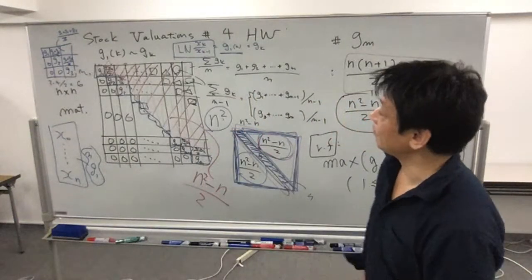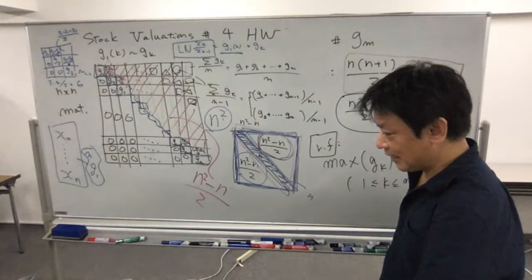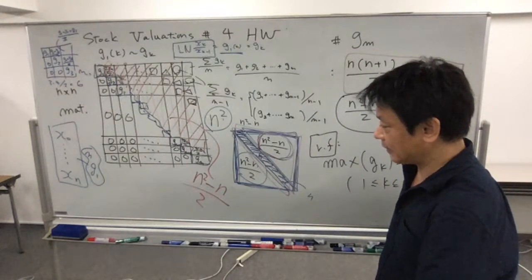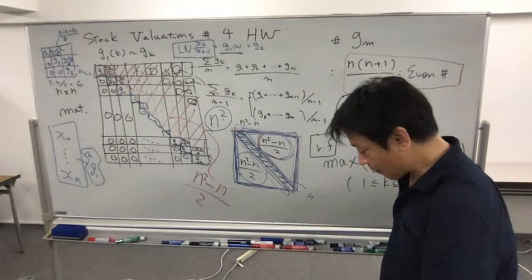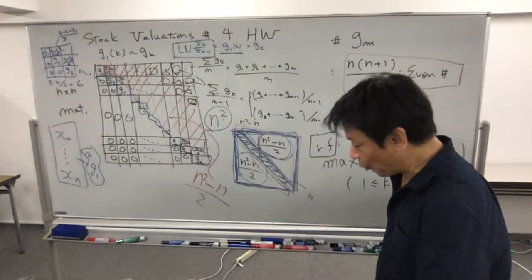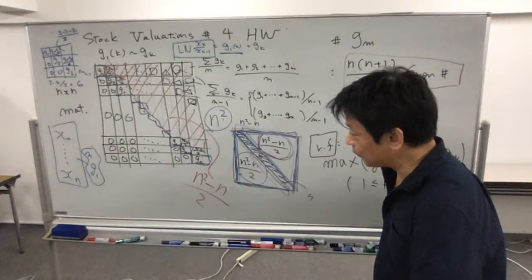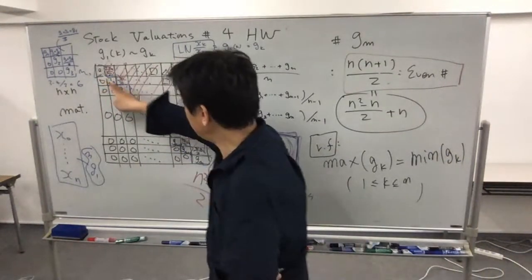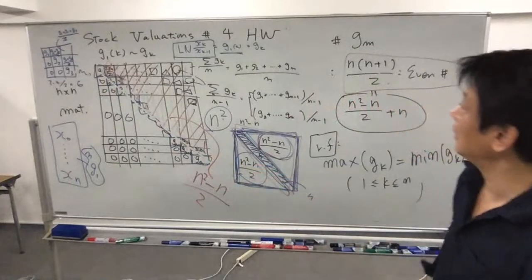And what was homework 2? We can define risk-free by using G1s, these n G1s, Gk.